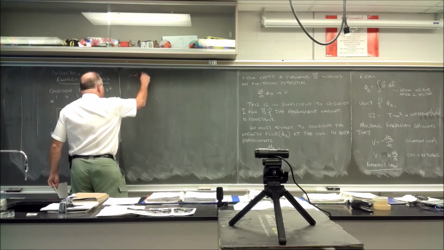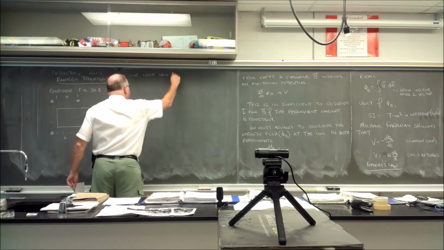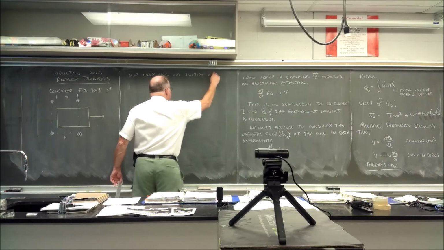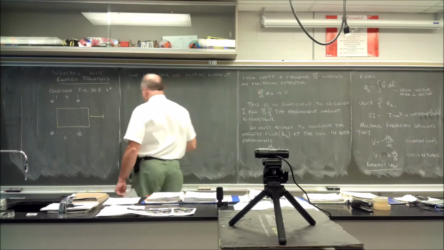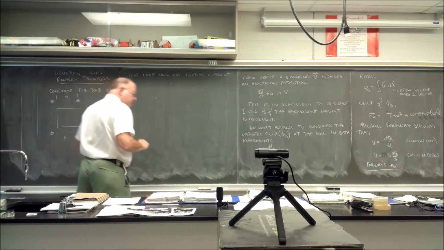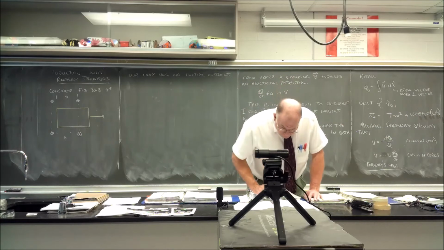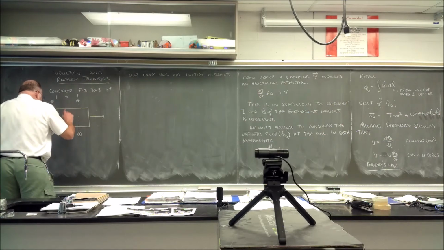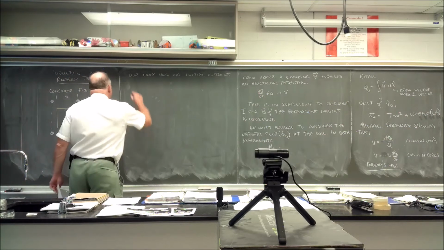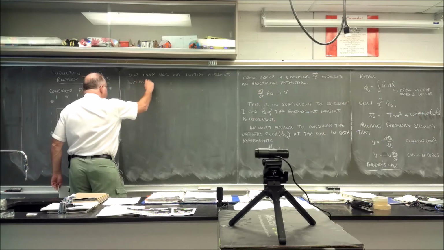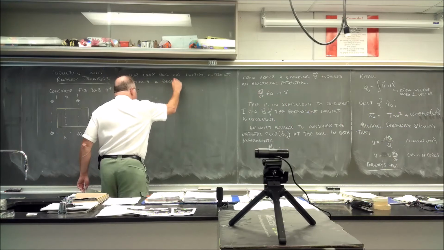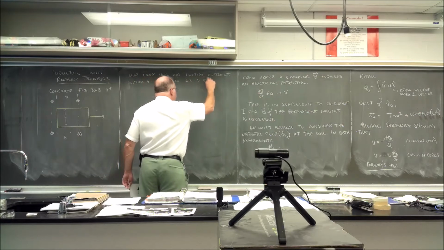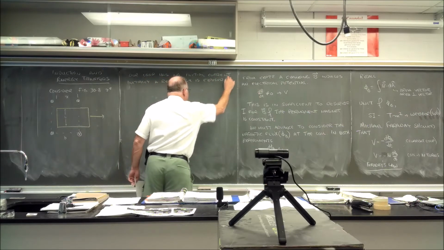Our loop has no initial current. So the coil, this direction is L. So initially, a region Lx is exposed to the external B field.